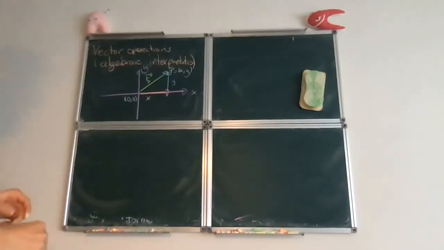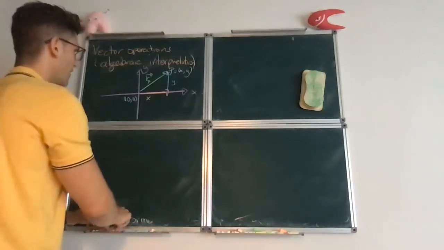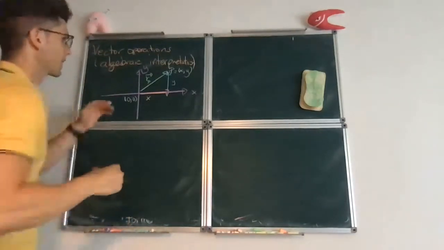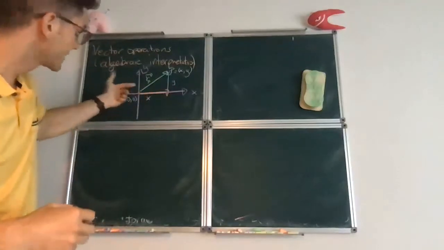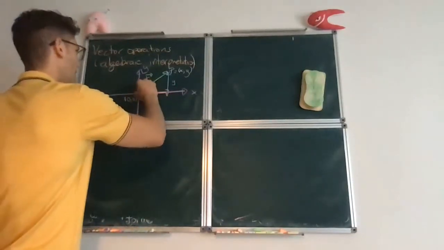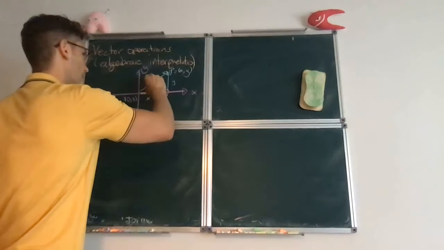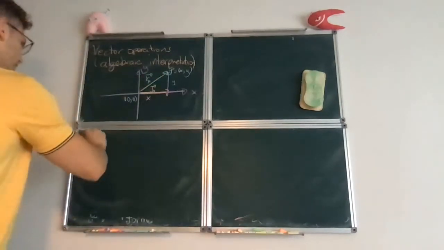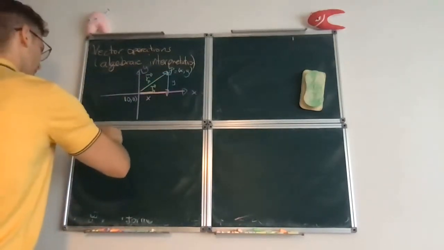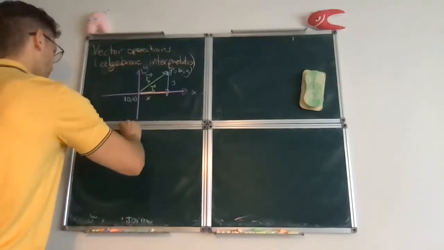So what we are going to do is imagine that you have what's called a unit vector. Along the x-axis, there's going to be a vector which is called i. So i represents the vector 1, 0.